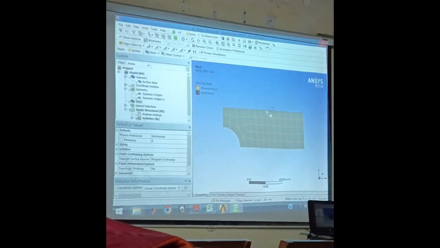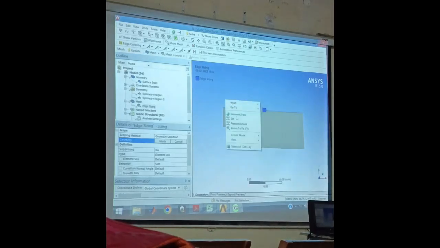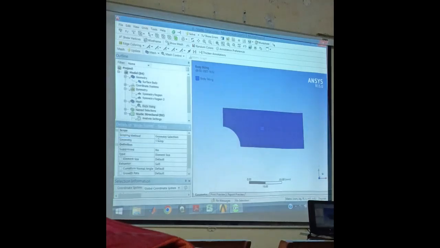Maybe we want 100 divisions, 5 mm. Let me check. 5 mm global mesh size. Sizing, not less. I want the full body, entire body, element size maybe 5 mm.